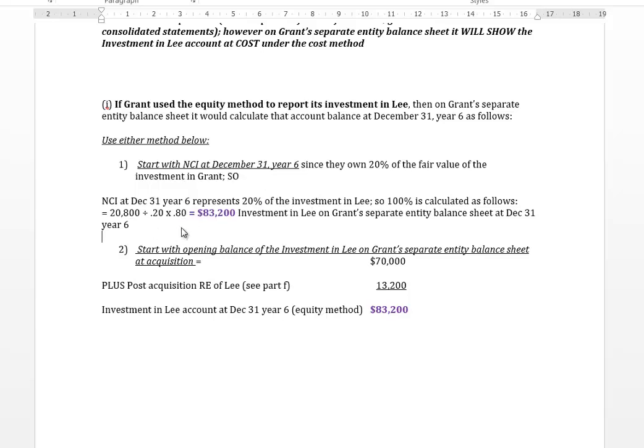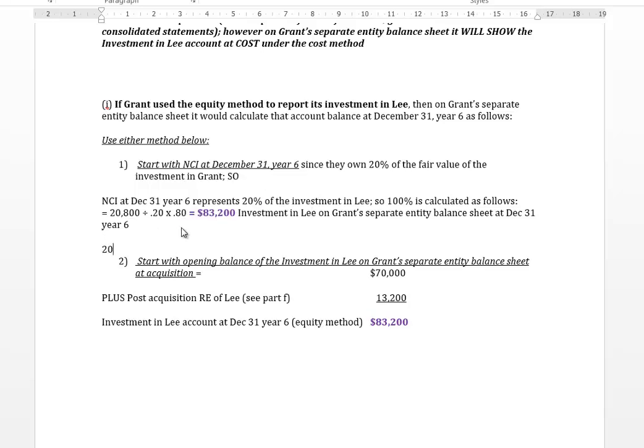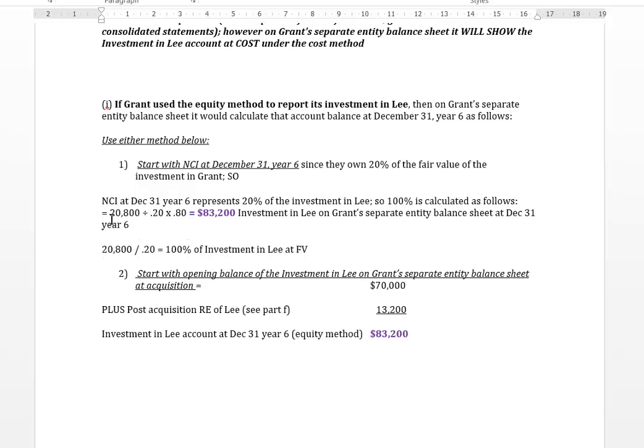So in other words, if I took 20,800 and divided that by 0.20, that would give me 100% of the investment in Lee at its fair value, right? That's what that number gives me. But because Grant only owns 80%, whatever I get when I take 20,800, which is NCI, and divide it by the NCI's 20% share, gives me the full amount of the investment in Lee.